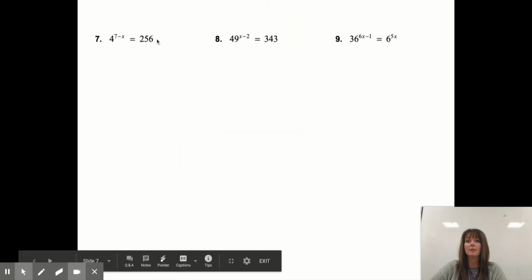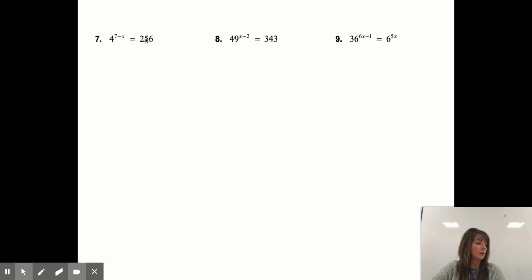Okay, so this number is larger. I'm going to go ahead and try to break that down to a power of 4. So one thing you can do when you're trying to do that, you want to divide by 4, keep working with different things like that, because we want the base to be 4. So how many times is 4 a factor of 256? It's actually a factor 4 times.